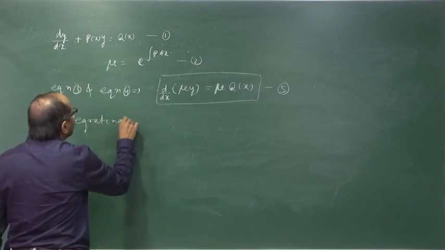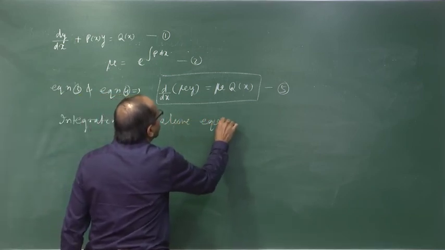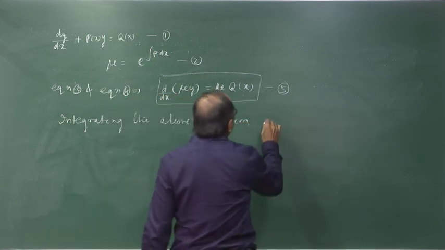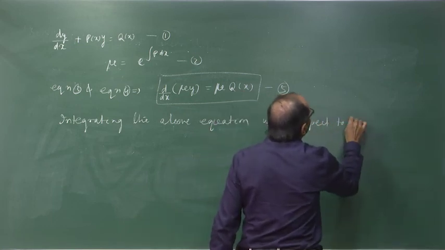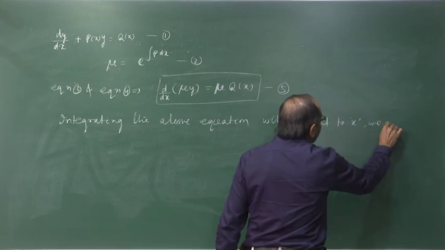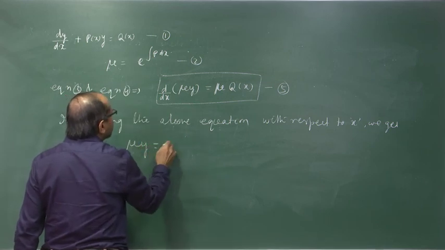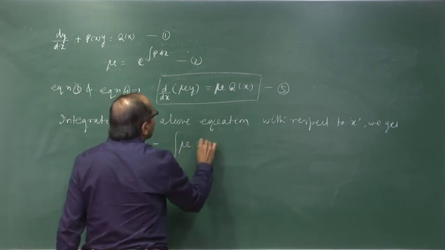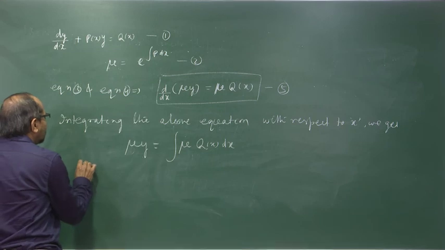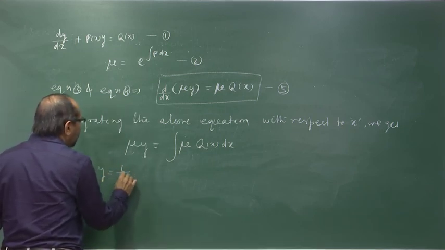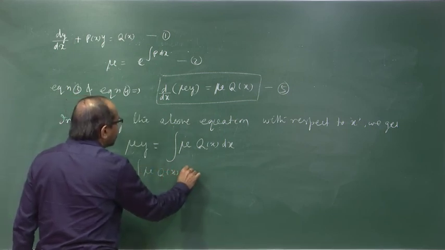Integrating the above equation with respect to x, we get the left hand side μy is equal to the integral of μq(x) dx, or y is equal to 1/μ times the integral of μq(x) dx.